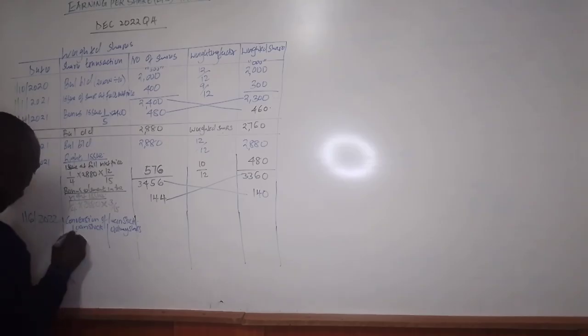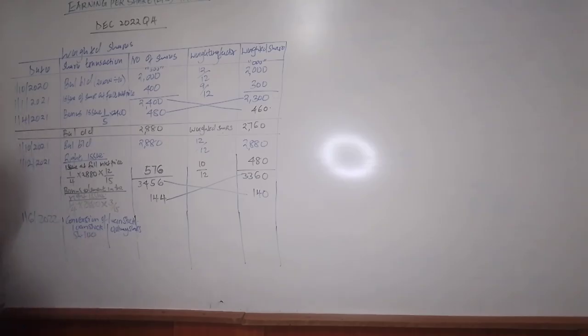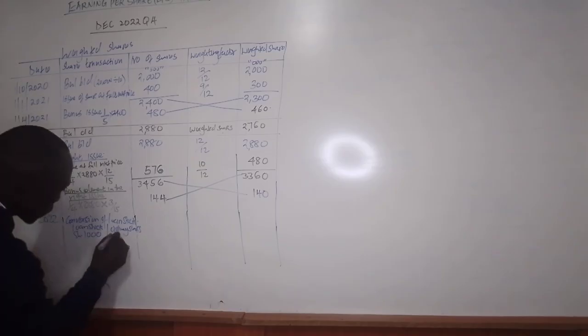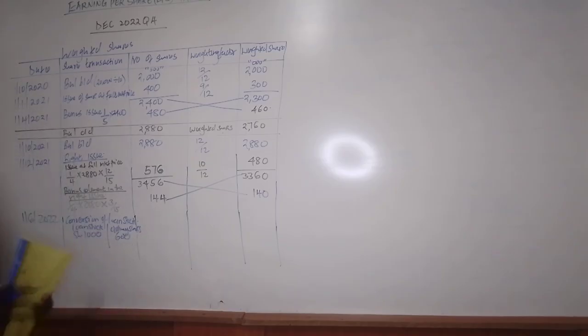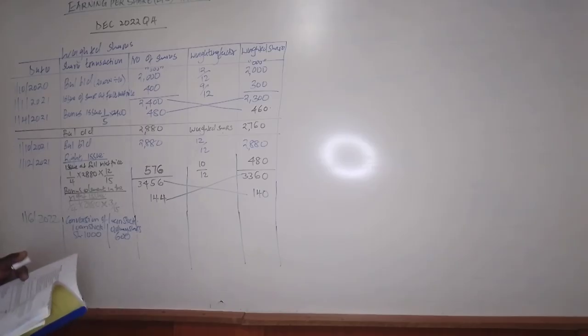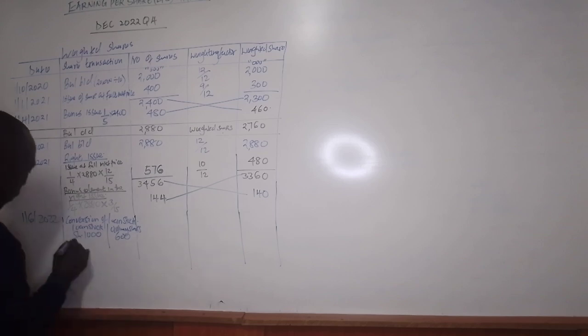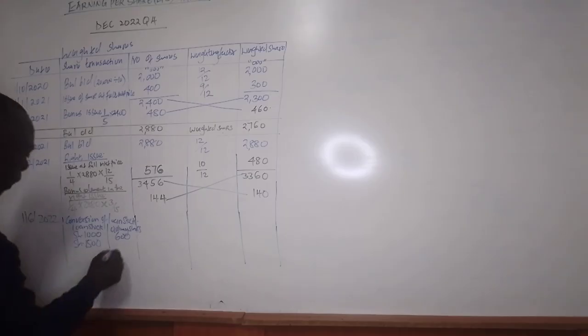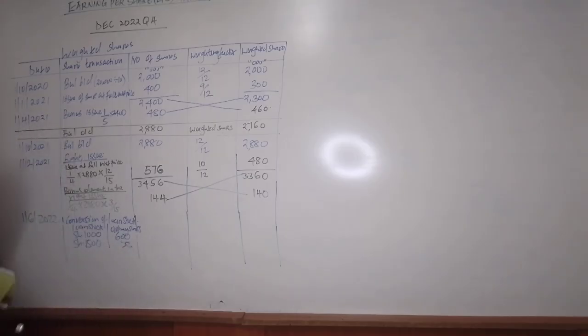You are told if you have shillings 1,000, you are going to be given 600 ordinary shares. What about 1.5? Remember, our shillings are in 1,000 and also our shares are in 1,000. You are going to be given how many shares?